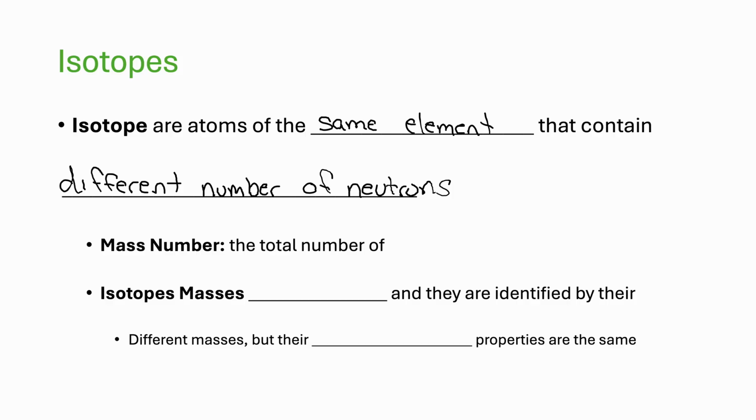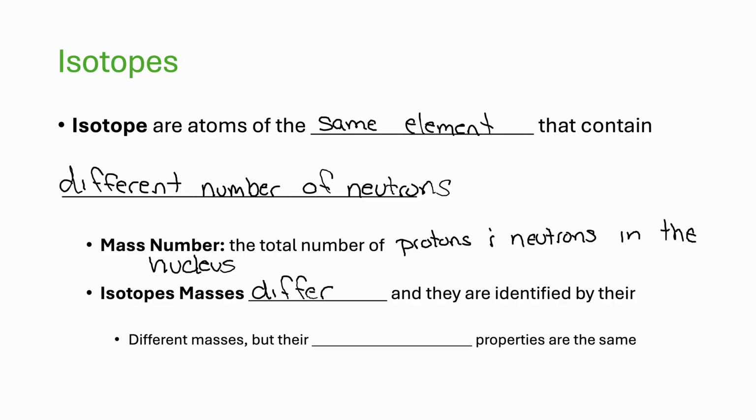Their mass number is the total number of protons and neutrons that are found in the nucleus. Again, the mass number. So isotope masses differ, and they are identified by their mass numbers.